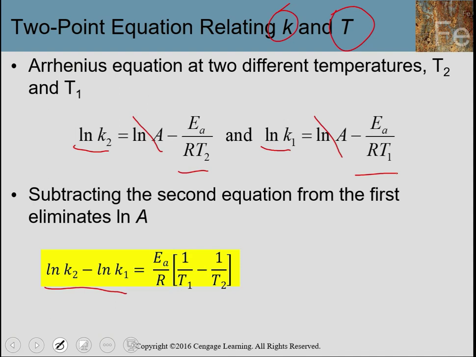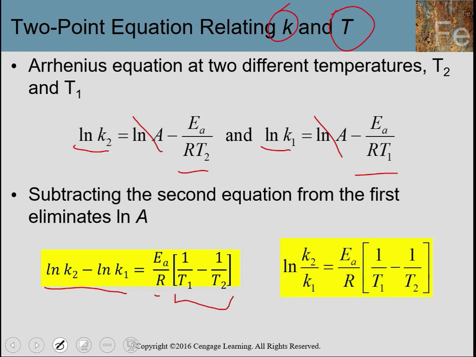And what I'm going to do is pull out my Ea over R, and then flip this to get rid of the negative sign. Originally with the negative sign out front, it was 2 minus 1. This is flipped just to put it in the order where there's no negative sign out front. So I have a relationship between my two temperatures and my two Ks.